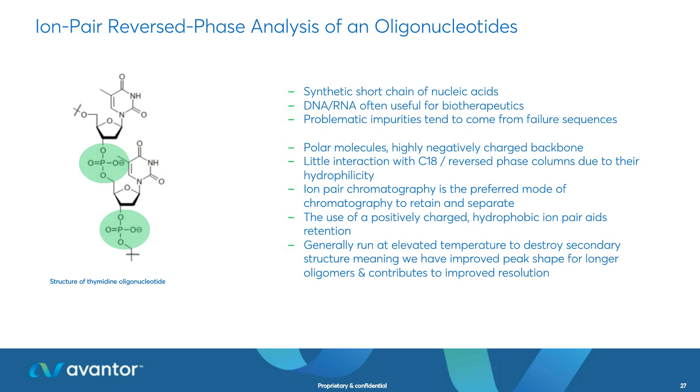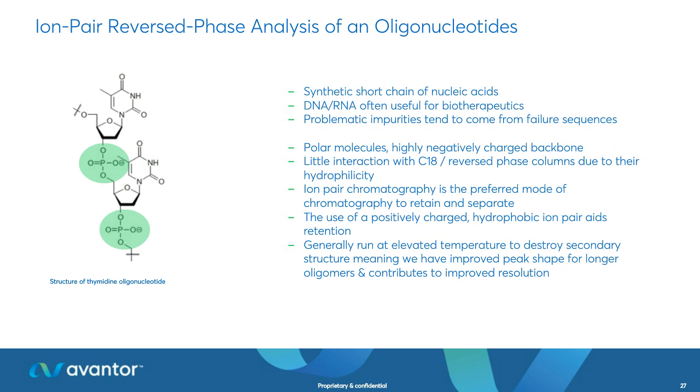So the only real way to get good retention and good separation of oligonucleotides is to add an ion pair reagent in there. So when we're looking at oligos, we're talking about short lengths of DNA and RNA. And there is a lot of interest in these for therapeutic uses, for genetic disorders, for cancers, antisense oligos. It's a really hot topic at the moment.